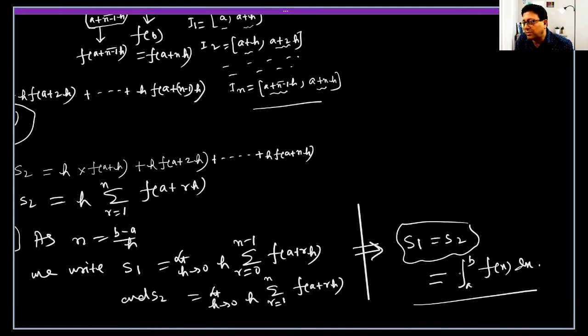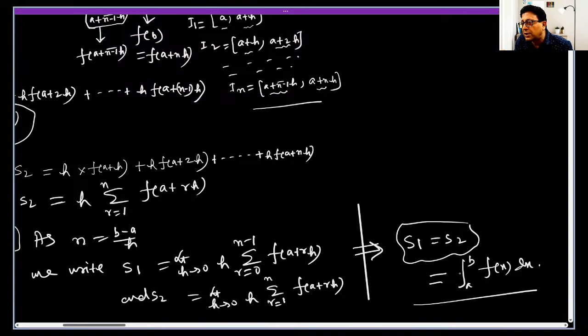S1 equal to S2, when h is tending to 0, length of subdivisions tending to 0, number of subdivisions tending to infinity. Under that condition, we are assuming that S1 equal to S2. But then the question arises, why do you assume? Where is the application? Just let me explain.